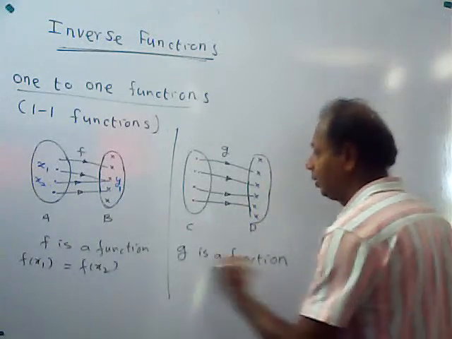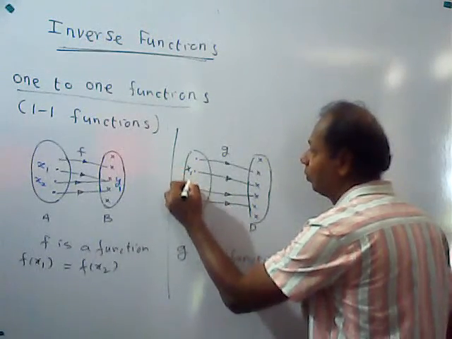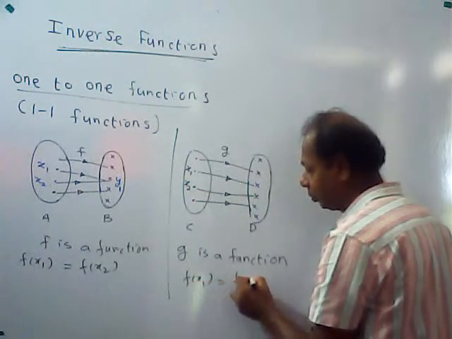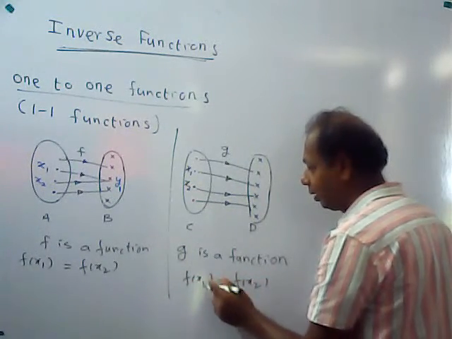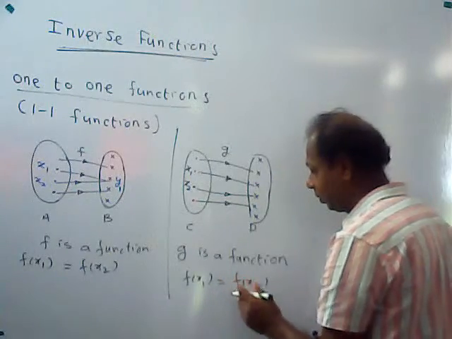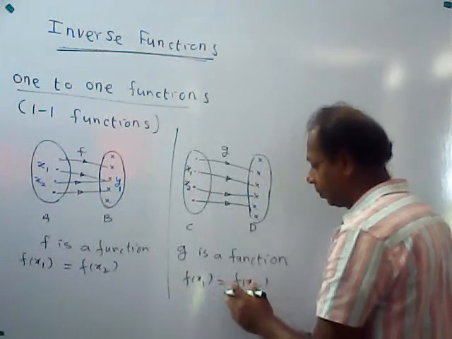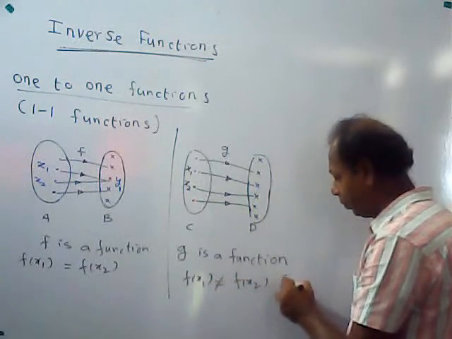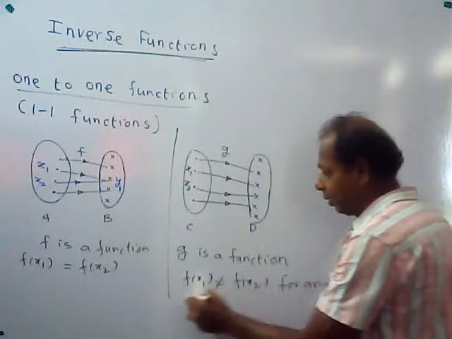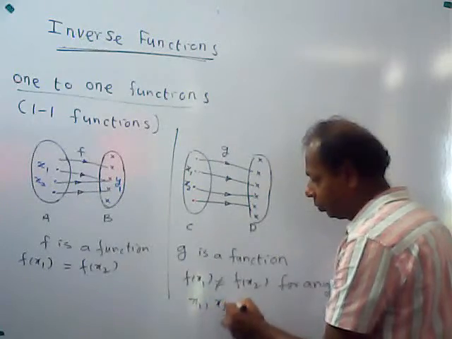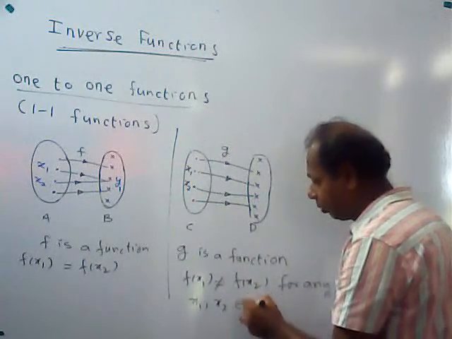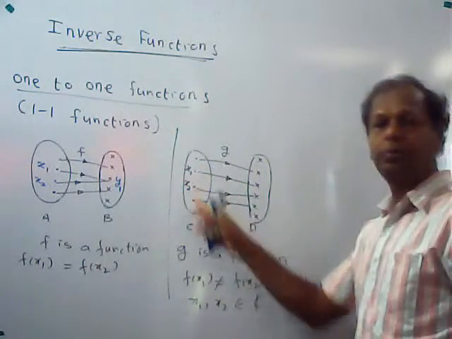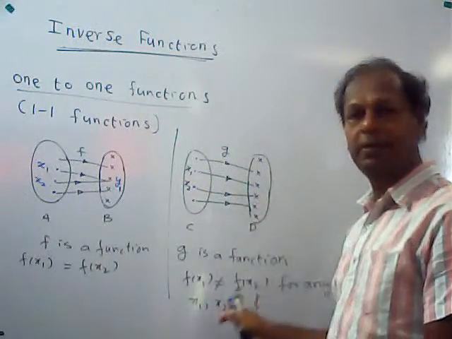For no x1, x2 in the domain is f(x1) equal to f(x2). For any two distinct elements, the images are distinct here.